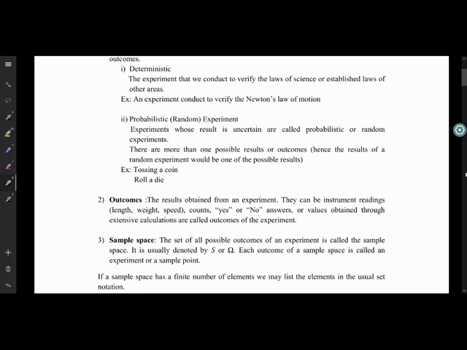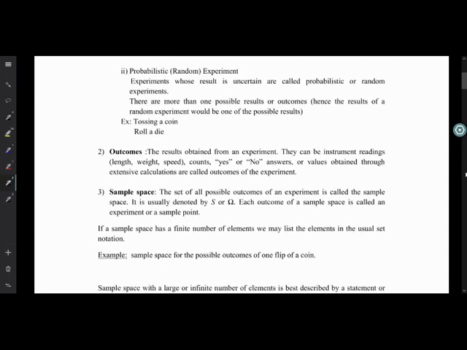Now, if we think about an experiment of tossing a coin, you may end up getting a head or a tail. If we denote getting a head as yes and getting a tail as no, and we toss the coin 10 times, you will end up with a certain number of yeses and a certain number of noes.